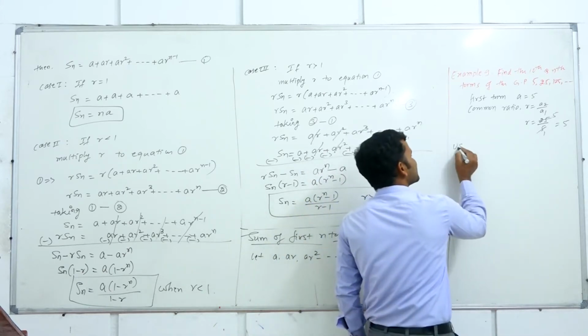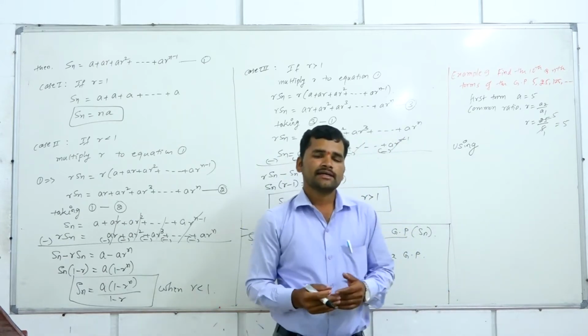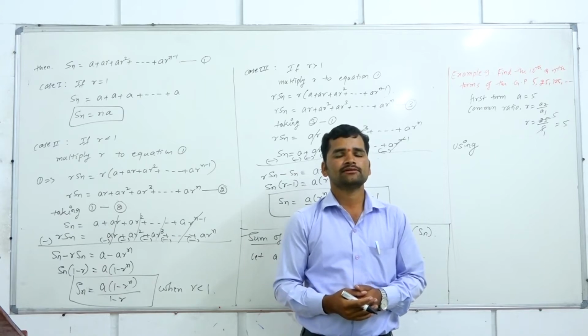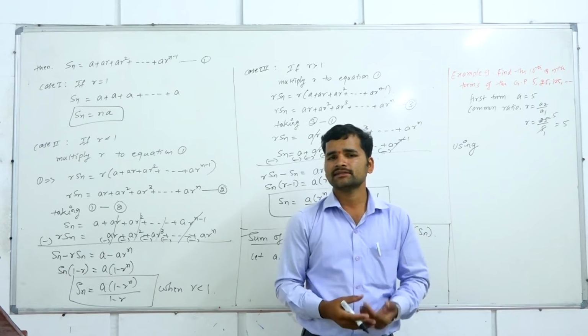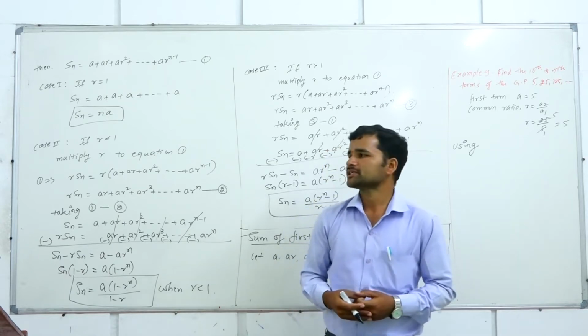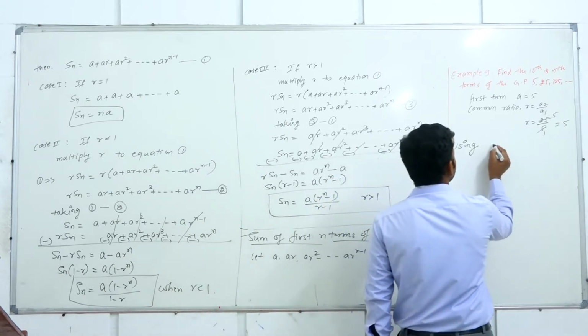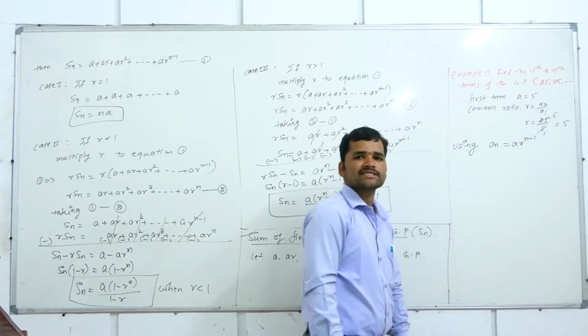To find out the 10th term, we will use the nth term formula. In case of nth term of arithmetic progression, an is equal to a plus n minus 1 into d was there. In the same way, in geometric progression, we have the nth term an is equal to a into r to the power of n minus 1.